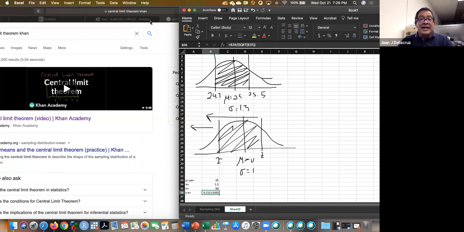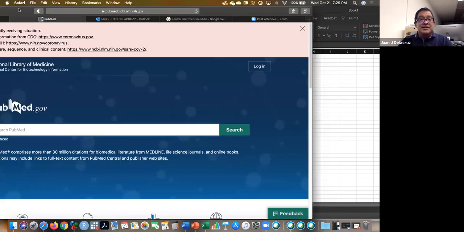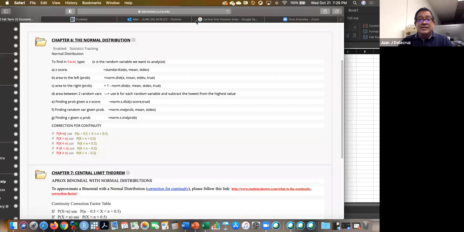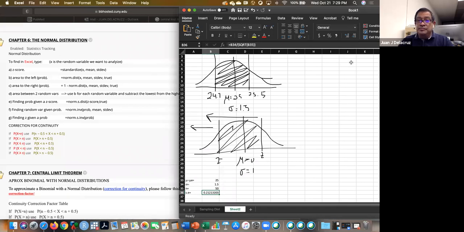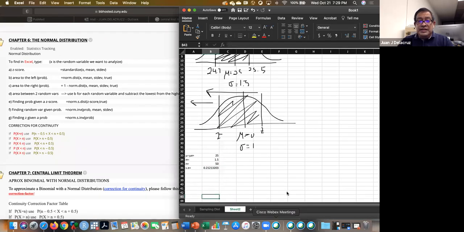So going back to my case, what formula should I use? Here, I'm going to find the value for x1, which is this value, 24.7. And I'm going to use the second value, which is 25.5, right?